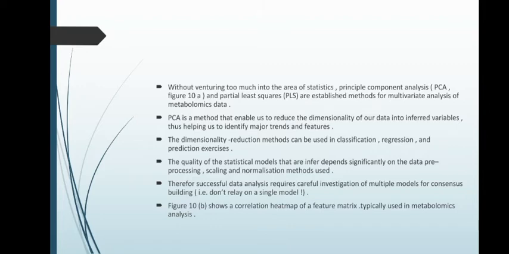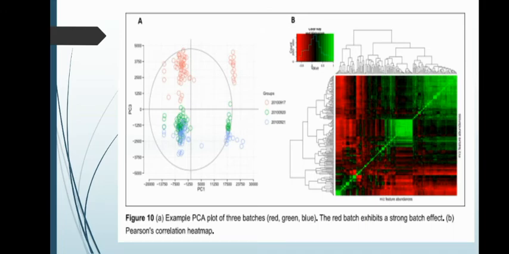Without venturing too much into the area of statistical principal component analysis, PCA, as shown in figure A, is an established method for multivariate analysis of metabolomics data.